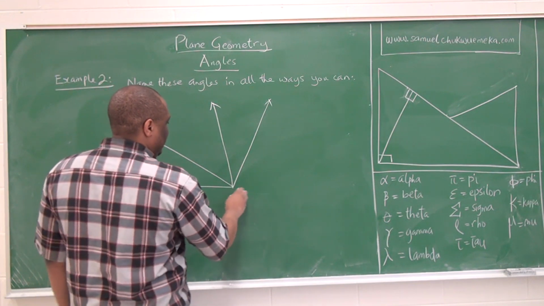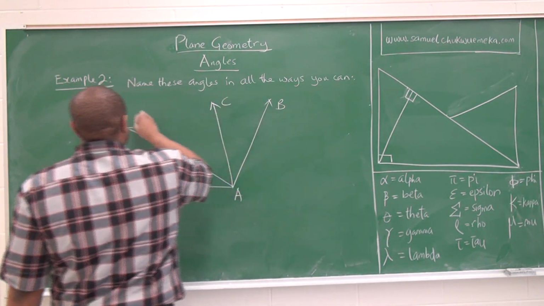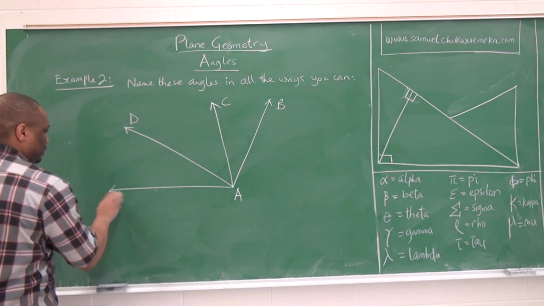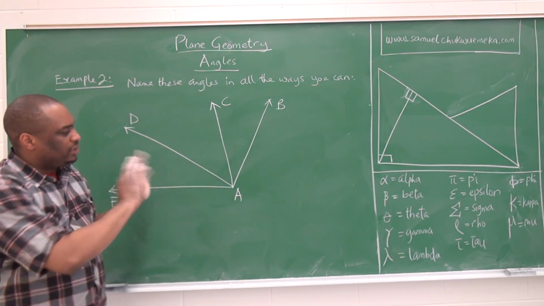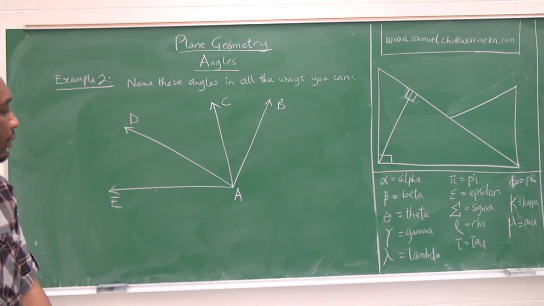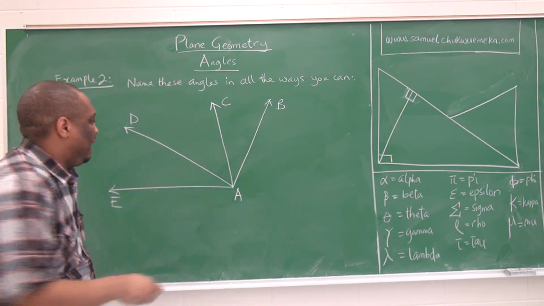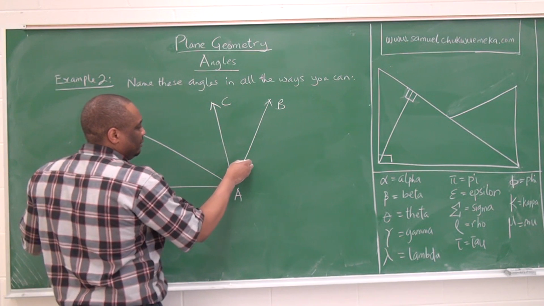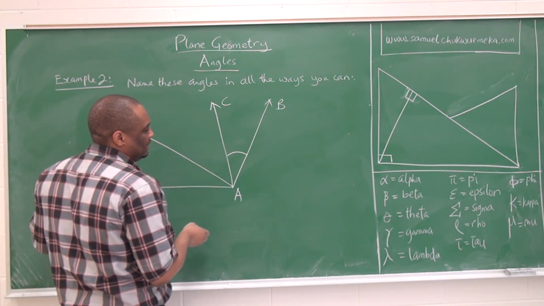Call this A, B, C, D, E. So how many angles do I have here? If you just look at this now, tell me how many angles I have. I have 1, 2, 3, and then 4. Let me put these angles inside it.